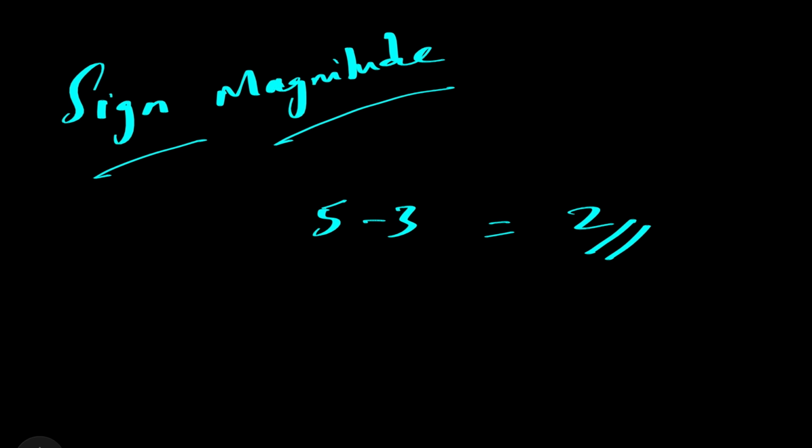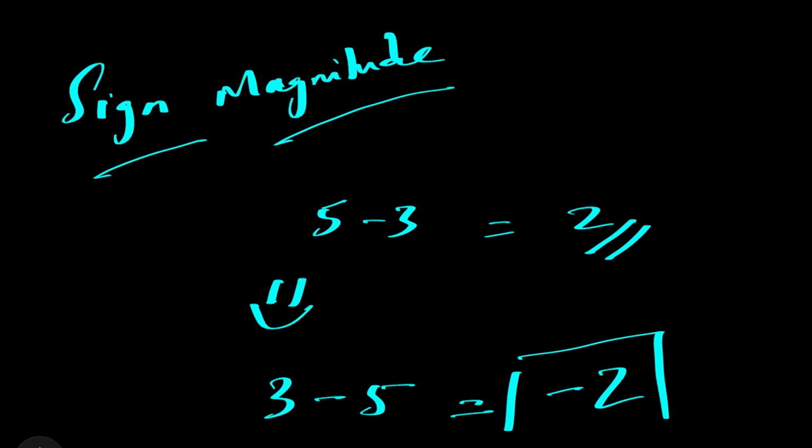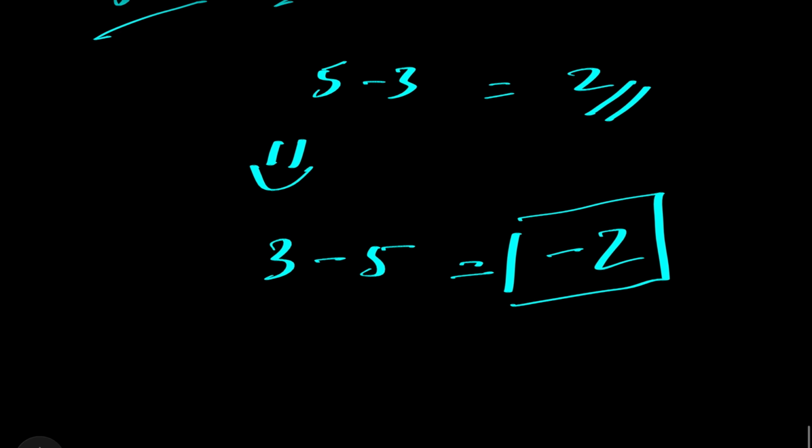You'll be doing an addition to get the result 2. It's quite simple. But suppose we are having 3 minus 5, now the result is minus 2. Of course, it can be achieved by the complement method by means of an addition to get the subtraction result.